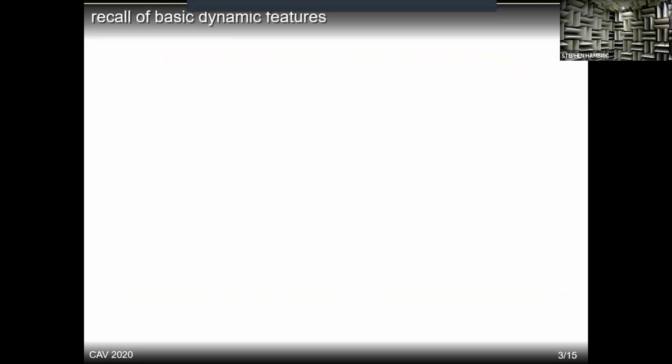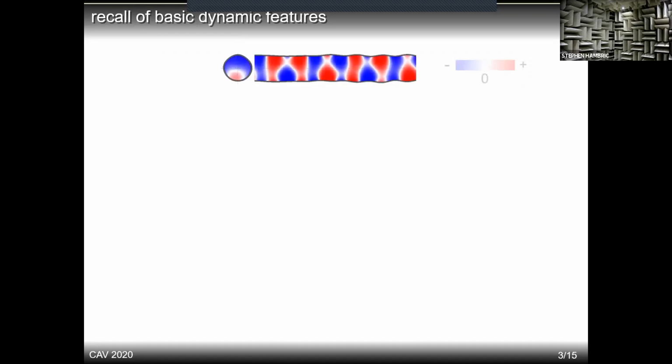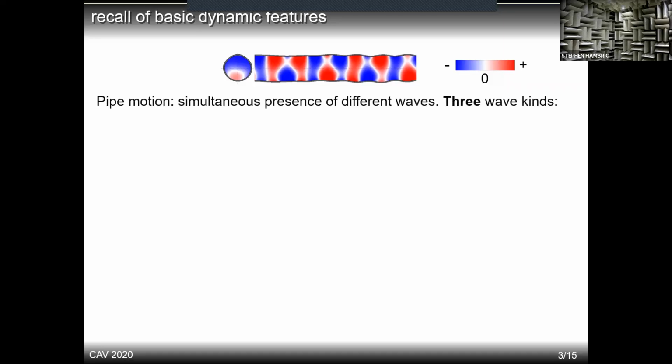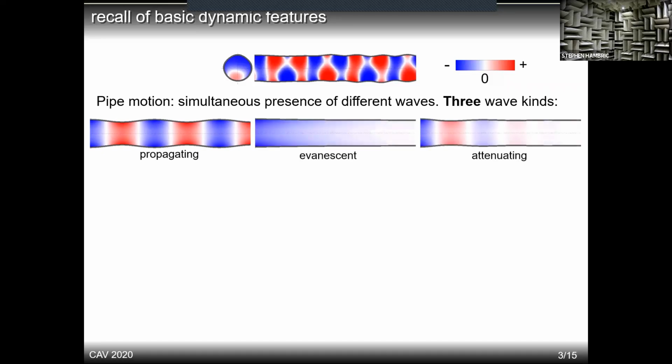Here we recall some of the basic features of pipe dynamics. The distribution of pressure in the fluid and the motion of the wall can be quite complex. We can decompose these into waves. Three kinds of waves exist: the propagating ones and the idle ones, the latter being either evanescent or attenuating.